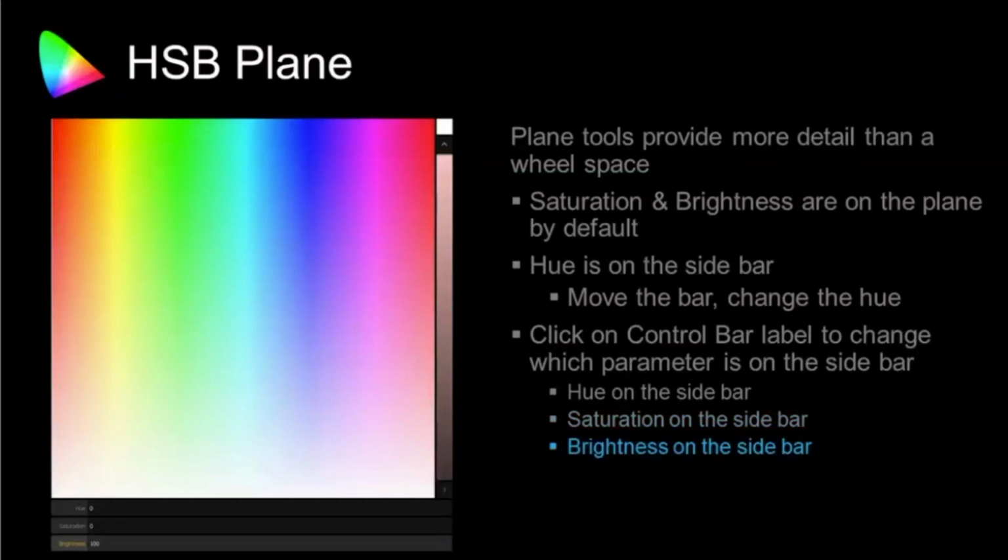Similarly, if I put brightness on my bar, this gives me something that's very similar, again, to a Photoshop or a paint tool system, where my hue and my saturation are on my plane and my brightness is on my vertical bar. So whichever way you want to work, we give you access to that.